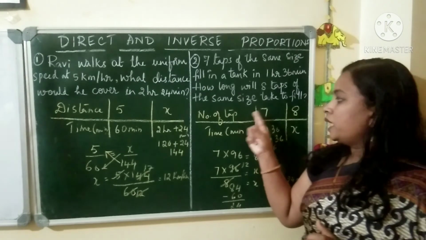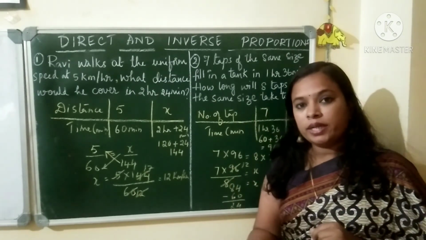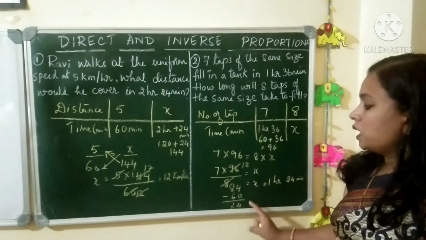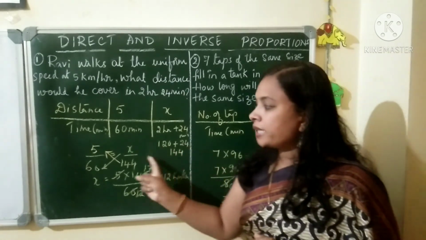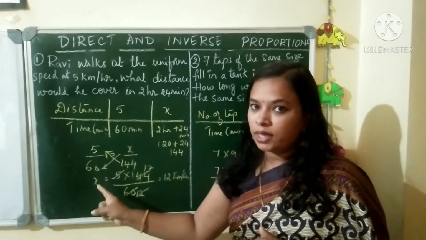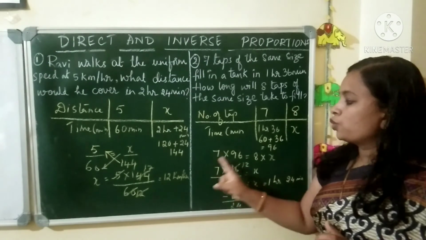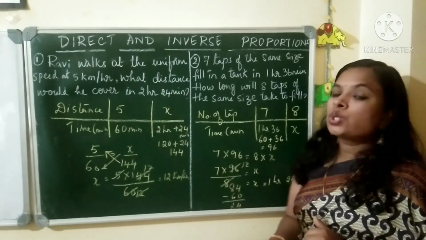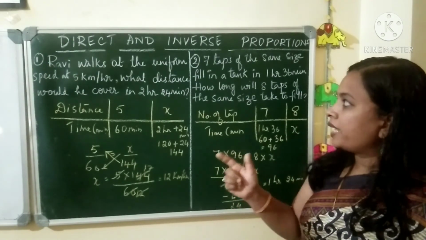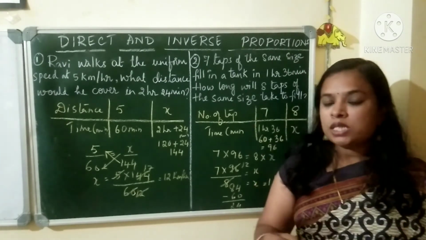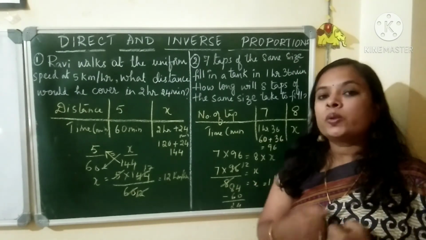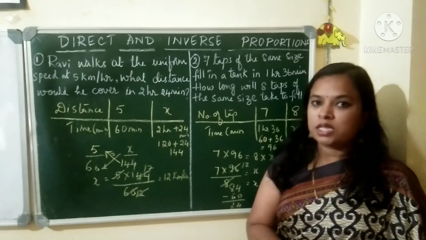If one quantity increases and if the another quantity decreases, then it is inverse proportion. In direct, you have to divide both the quantities, and in inverse, you need to multiply both the quantities. So this is the only difference between direct and inverse variation. Once if you people understand this, you can solve any type of questions, children.